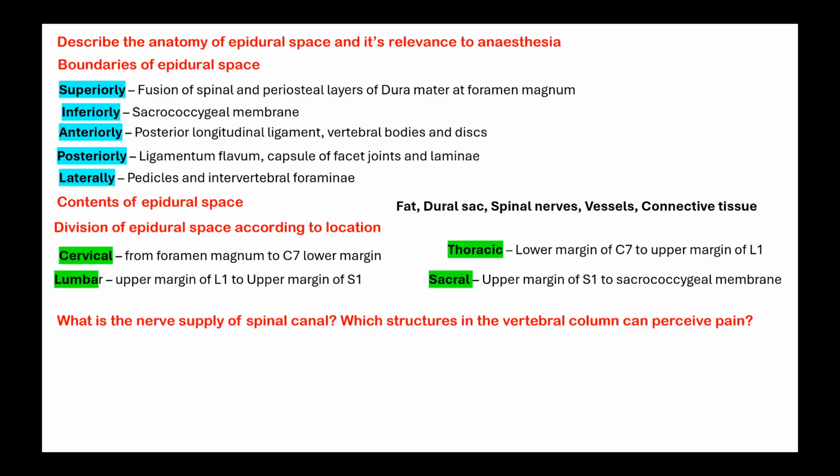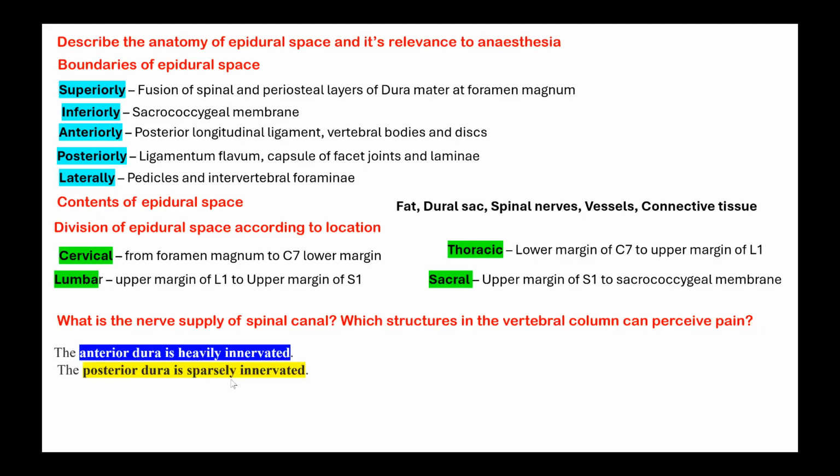And again, periosteum is sensitive, so we have to inject local anesthetic there also. So the anterior dura is heavily innervated. The dural space towards the vertebral body and the posterior longitudinal ligament is quite heavily innervated and painful.